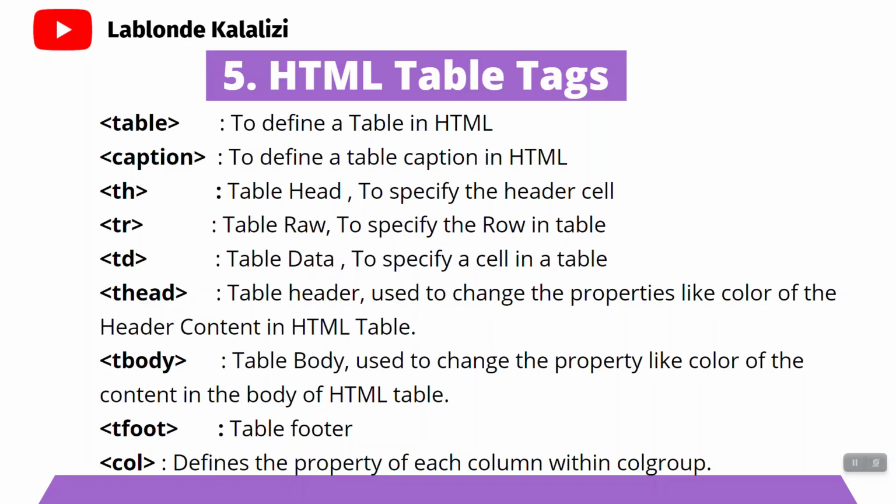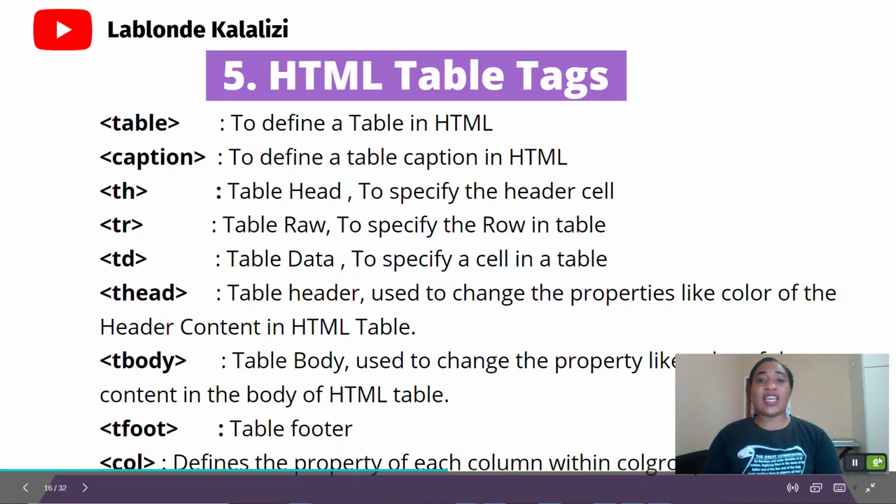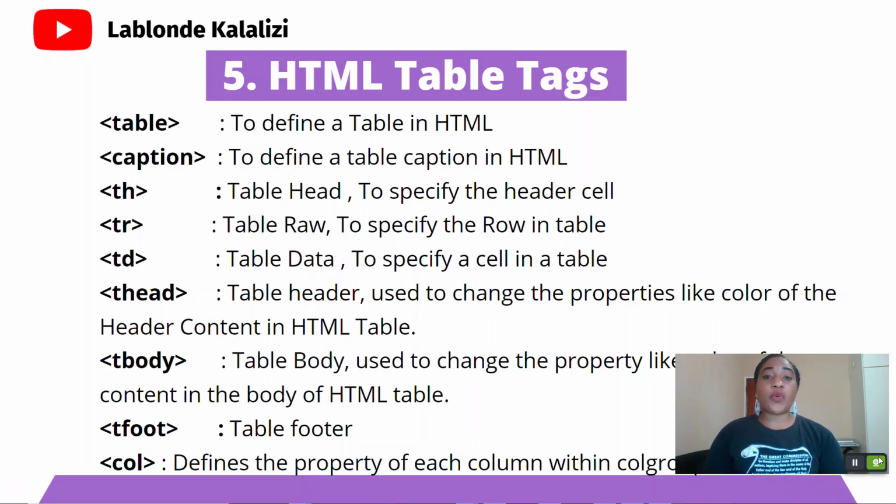And our tfoot, you just know that whenever you have a header and a body, of course you are going to have a footer as well. Tfoot displays a table footer, and col defines the properties of each column within our group. I hope you are ready to start learning how to create a table in our HTML.